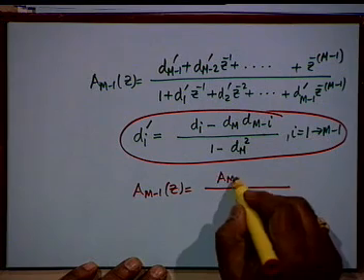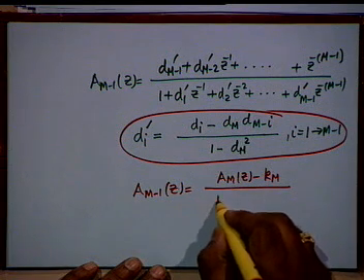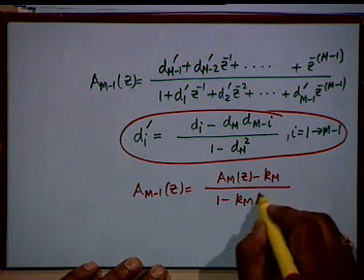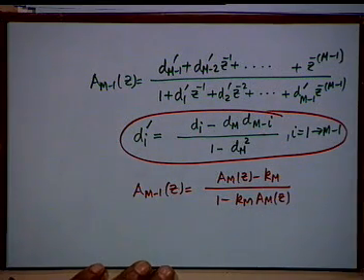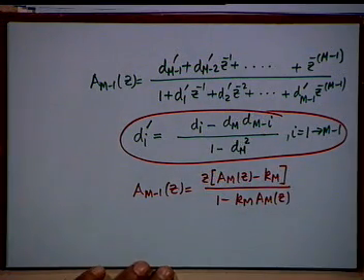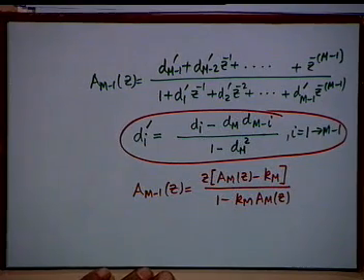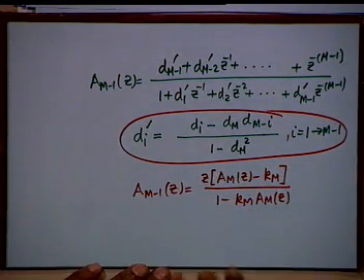Am z minus Km divided by 1 minus Km Am z multiplied by z. I seem to be dropping this term all the time.